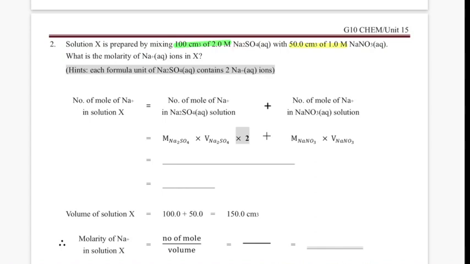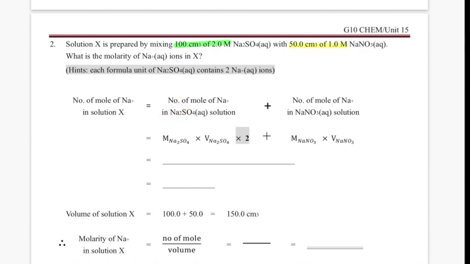But for sodium nitrate, because 1 formula unit of sodium nitrate will only release 1 sodium ion, there's no need to multiply by another coefficient. So here, that's the key. That's because these 2 represent that each formula unit of sodium sulfate will release 2 sodium ion in it.